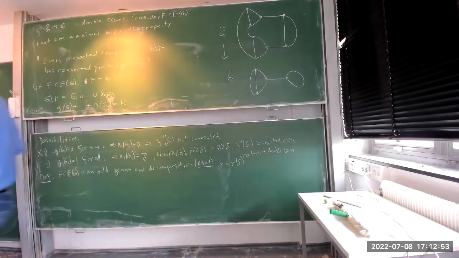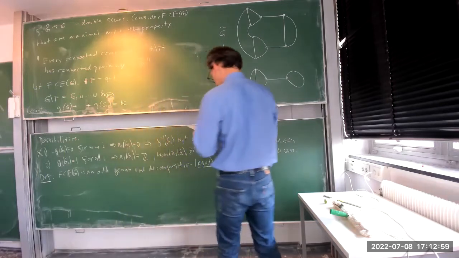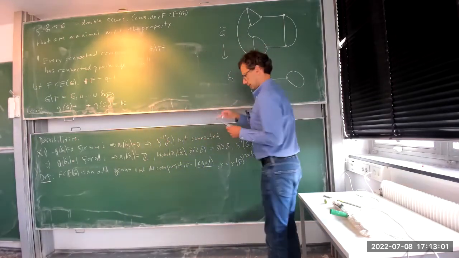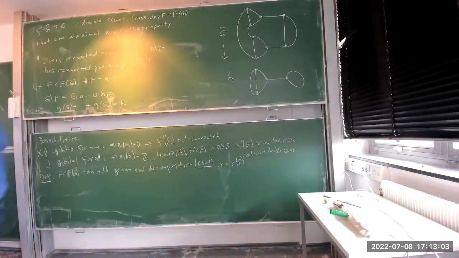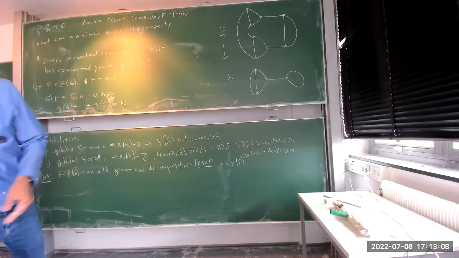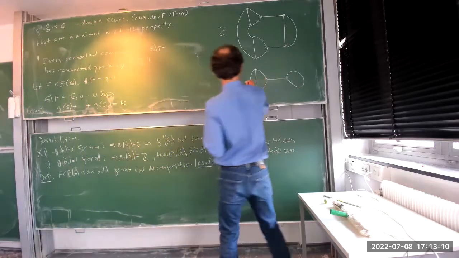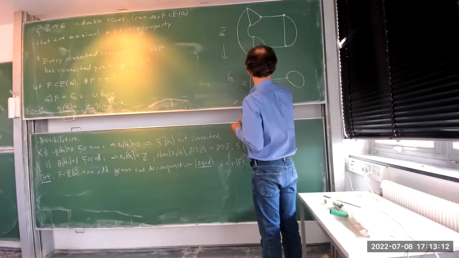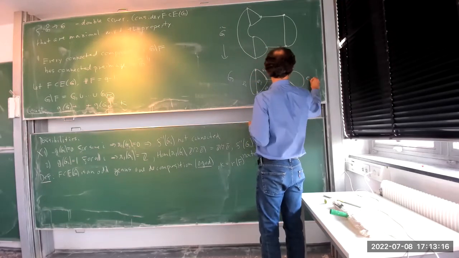Okay. So as an example, maybe let's just look at this picture that I have here. So let's give the edges some names: E1, E2, E3, E4, E5, E6.